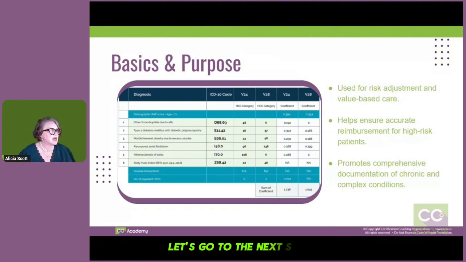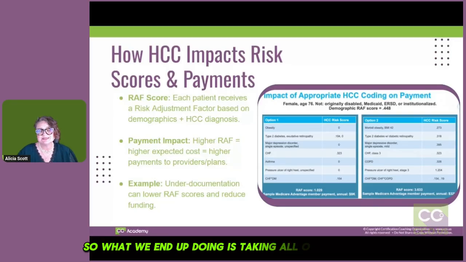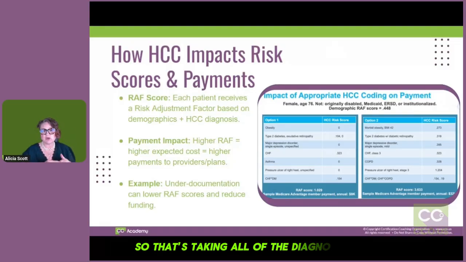Let's go to the next slide and let's talk about the impact of scores and payments. So what we end up doing is taking all of the diagnoses and we put them in a RAF score. This is another term or verbiage that, if you're going to get into risk adjustment, you need to be familiar with. And that is a risk adjustment factor. So that's taking all of the diagnoses that a patient has.